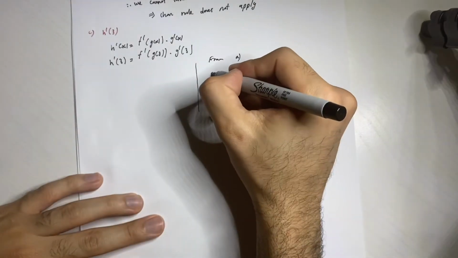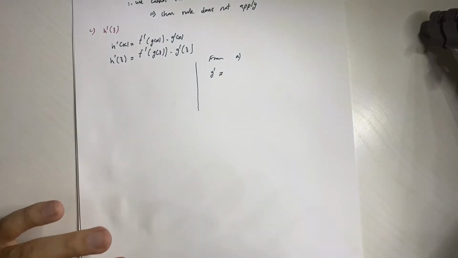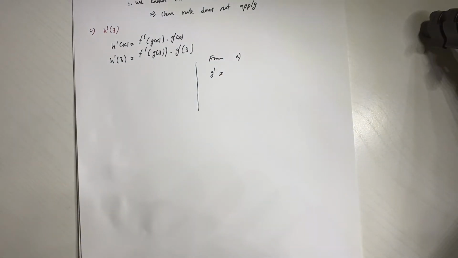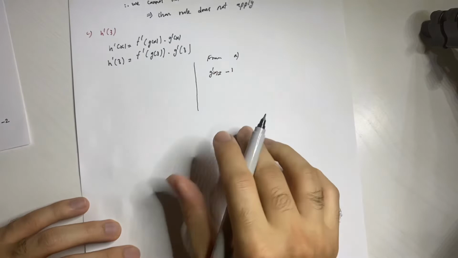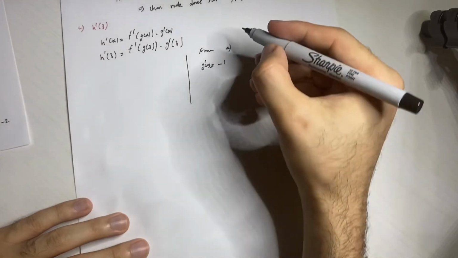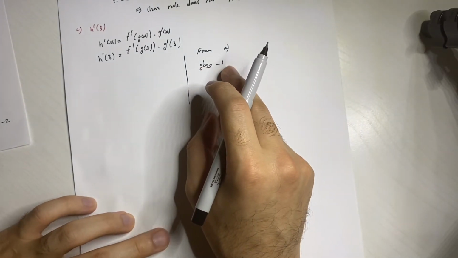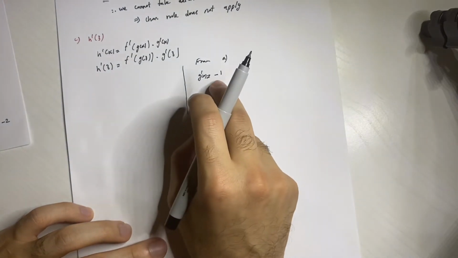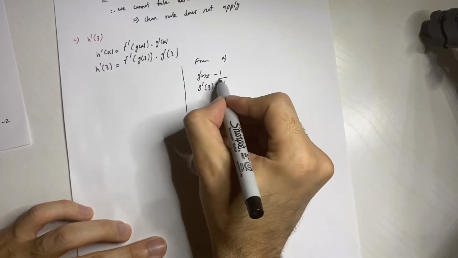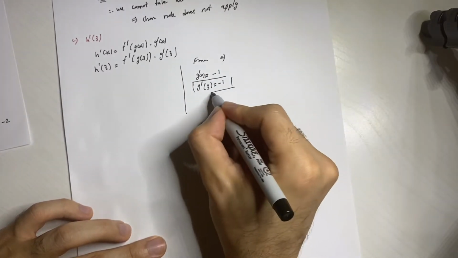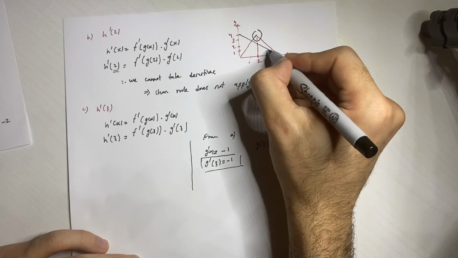So from A, what we find is that g prime of x is -1, and that is constant everywhere, that even included x equal to 3.